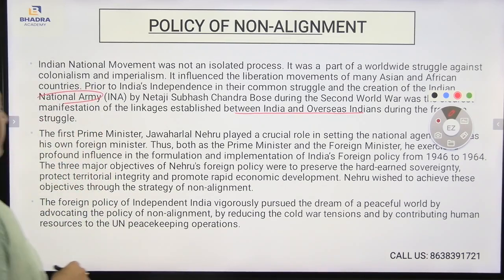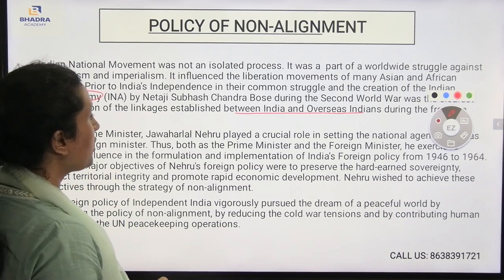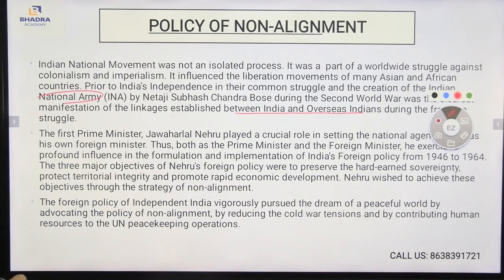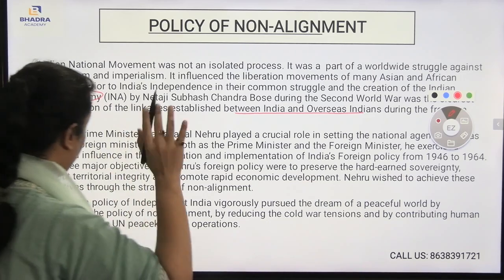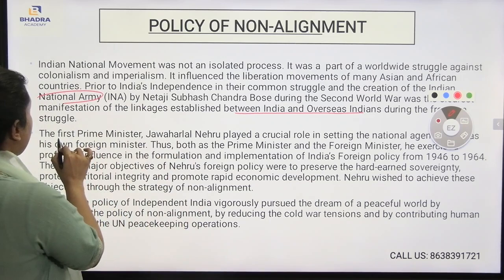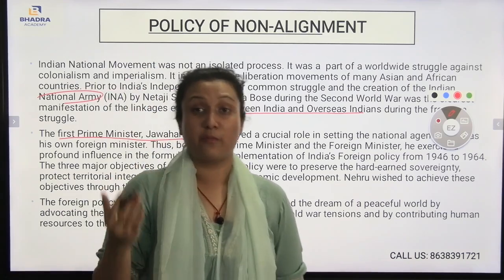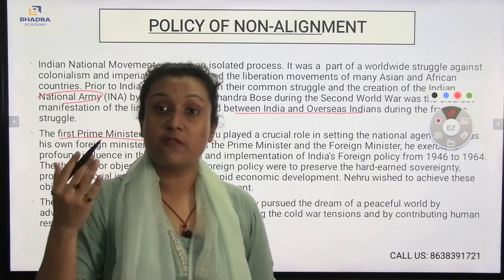Also, the first Prime Minister Jawaharlal Nehru played a crucial role in setting up the national agencies, with himself as his own foreign minister. Thus, the Prime Minister and the Foreign Minister, he exercised profound influence in the formulation and implementation of India's foreign policy from 1946 to 1964. Very, very important. Jawaharlal Nehru was the first Prime Minister as well as the Foreign Minister.